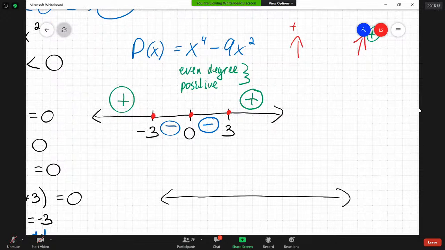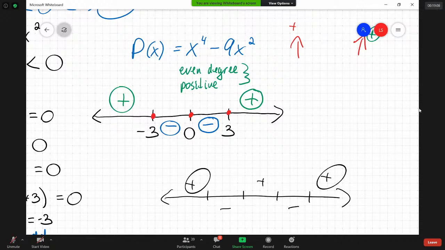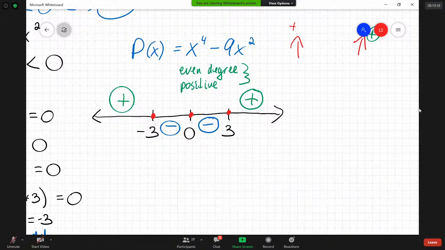But you can have, for example, 4 zeros and all odd multiplicity. So this would be positive, negative, positive, negative, positive, right? So endpoints are positive, but you can still have sign changes in between. So you gotta consider all of your tools there, all of your zeros and their multiplicities, and then confirm that it works out with the end behavior.